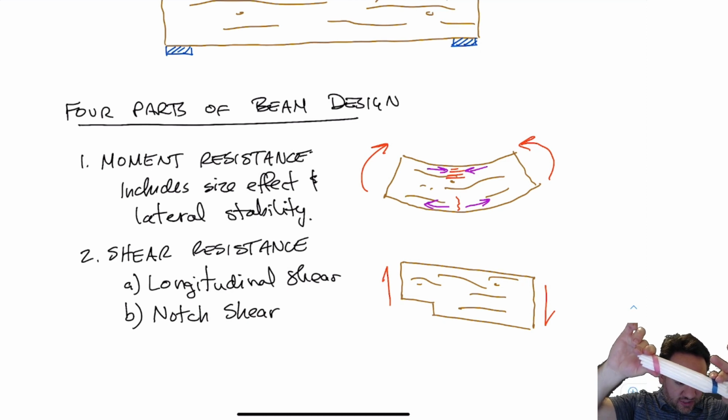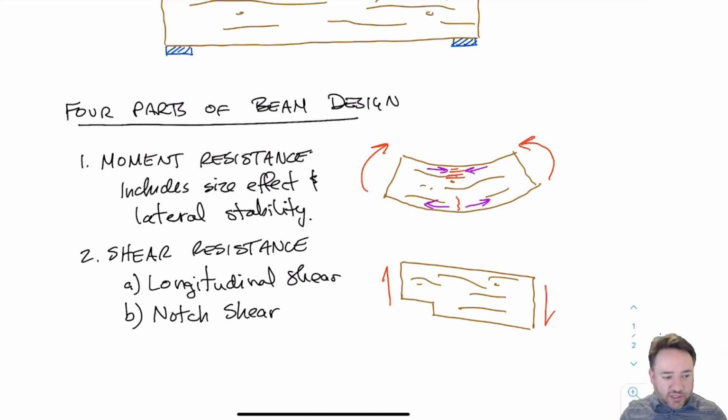And why this is a particularly weak failure mode in wood is because what's holding those fibers together, the fibers that are next to each other, from sliding relative to each other is actually the lignin in the wood matrix, and the lignin is the weakest part of the wood matrix. So shear is a critical failure mode that we need to check in wood, because it is easy to fail wood members in shear.